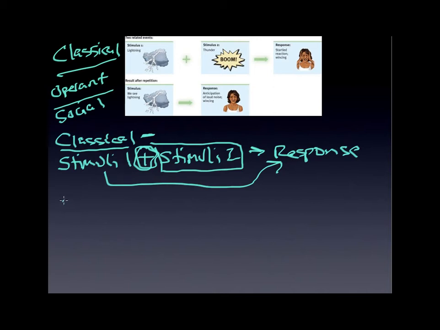So it's this addition that is the key to classical conditioning. You have the addition, or connection, of two stimuli that are part of classical conditioning. And the second key is the involuntary nature of the response.